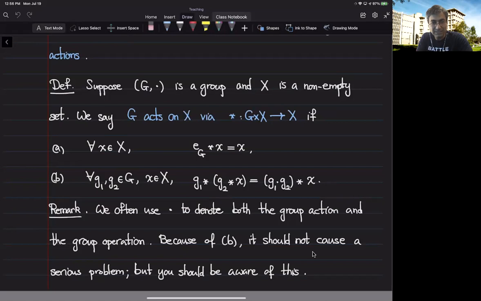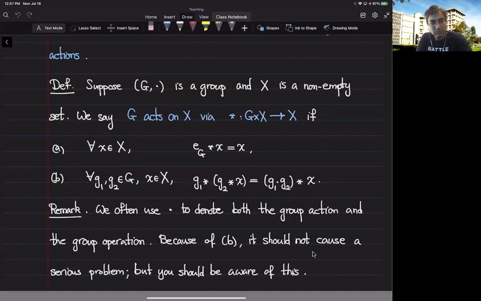The second condition says that this action is compatible with the group operation. Which means what? Which means if I give you g1 and g2 in the group and an arbitrary point x inside this set capital X, if we allow the element g2 to act on x, wherever it goes, we allow g1 to act on that point, this should be the same as applying the element g1 dot g2 to the point x.